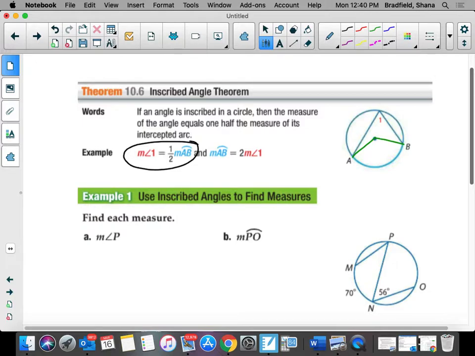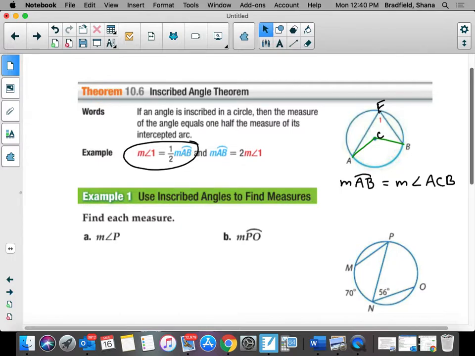We'll call this C here, and I'm going to call this point F. So the measure of arc AB is equal to the measure of the central angle, ACB. They're the same. And it tells us that the measure of the arc is double the inscribed angle.